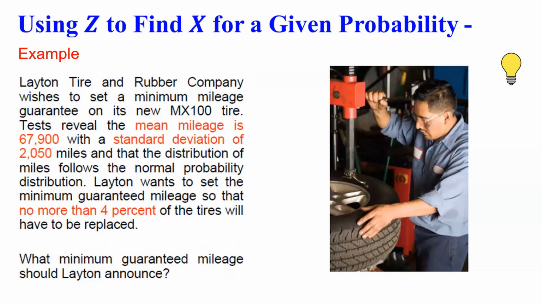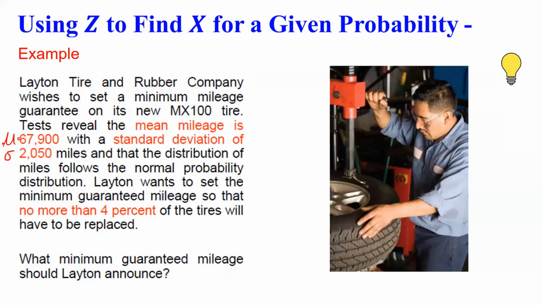Now take a look at this example, using Z to find X for a given probability. Leighton Tires and Rubber Company wishes to set a minimum mileage guarantee on its new MX100 tires. Tests revealed that the mean mileage is 67,900, and the standard deviation sigma is 2,550 miles, and the mileage follows a normal distribution.